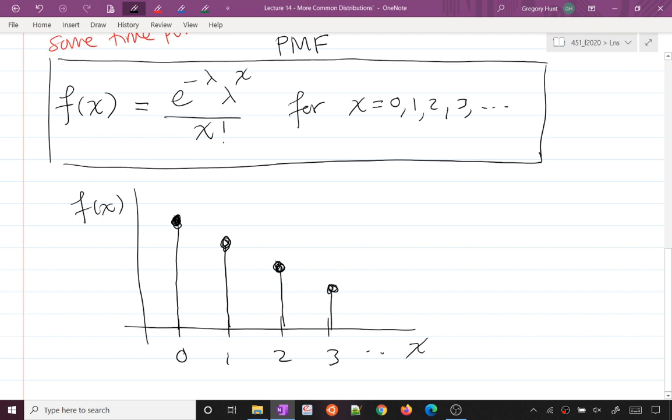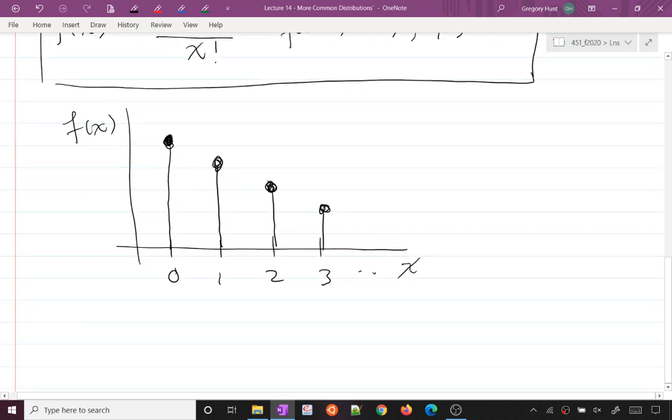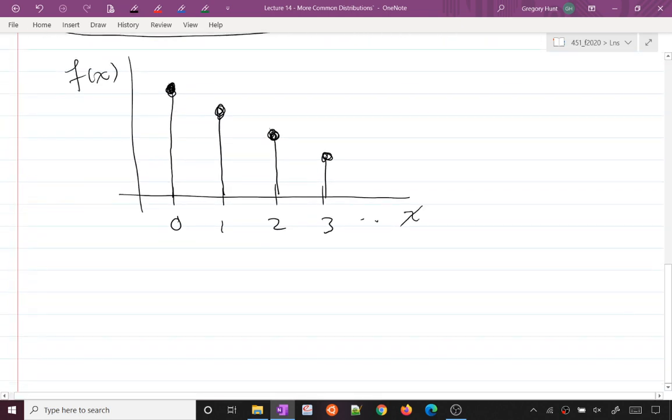It doesn't have to look exactly like that. So we have a higher probability, more mass for lower values occurring. Say I have one radioactive decay event rather than 100, which you can have a relatively low number. So that's what the PMF looks like.